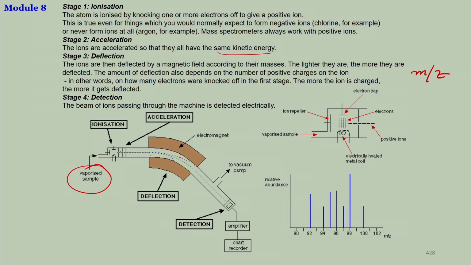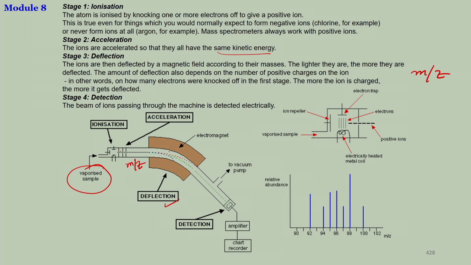Now all the ions are moving at the same speed, but they have different m by z, different charge, different mass, and here is the electromagnetic chamber where the deflection happens.